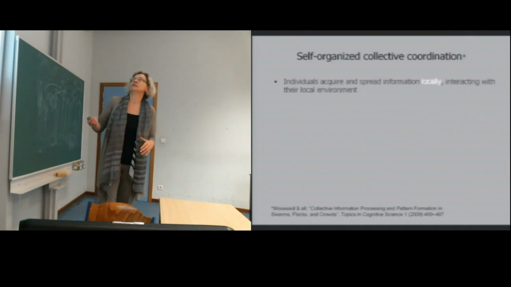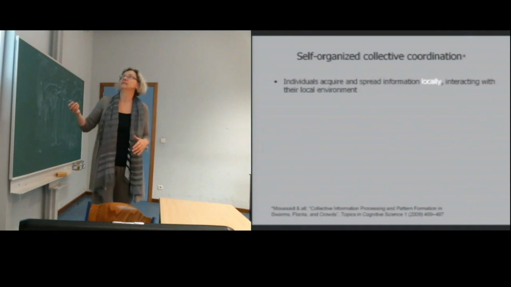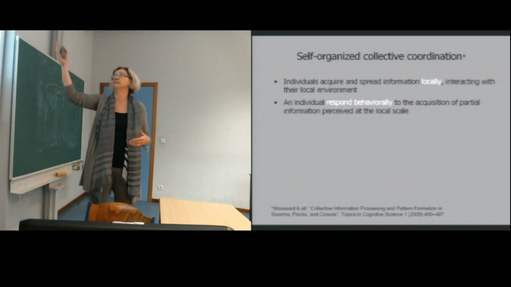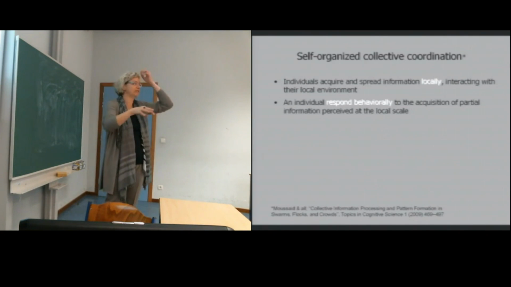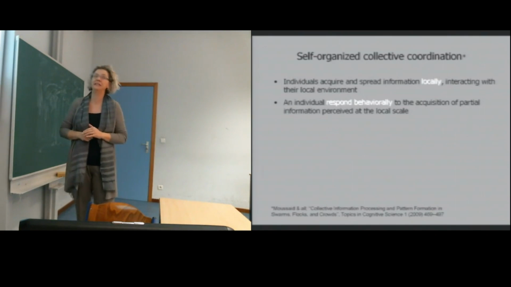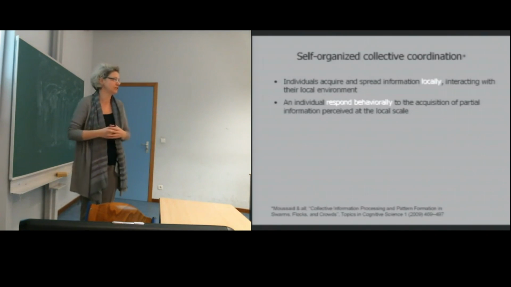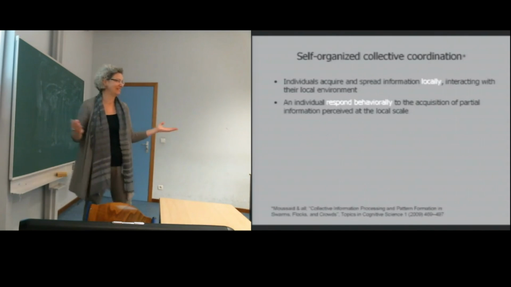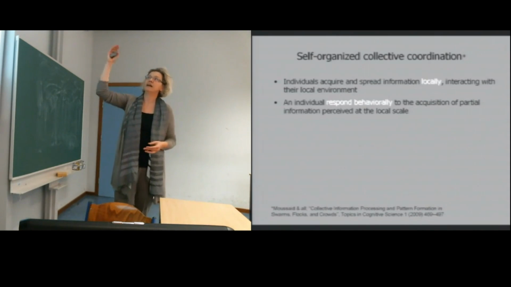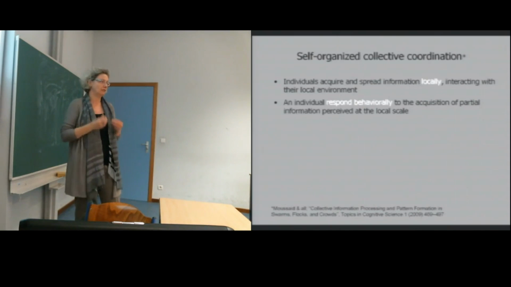Okay, so self-organized collective coordination can be applied to Stigmergy, but this applies also when you don't have a physical kind of medium, though lately Stigmergy was expanded beyond. So the individuals are acquiring and spreading information locally.